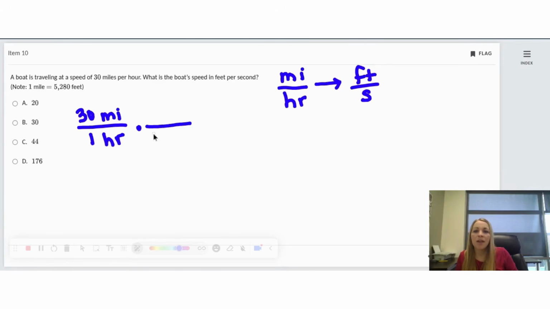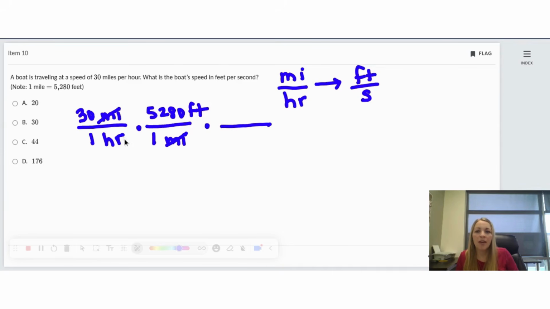So I'm going to put this on the bottom, that 1 mile is equivalent to 5,280 feet. I'm going to do it in this sort of a fraction because miles divided by miles will cancel. Now I have feet, which is my goal. So I'm done converting the length. Now I'm going to convert hours to seconds.